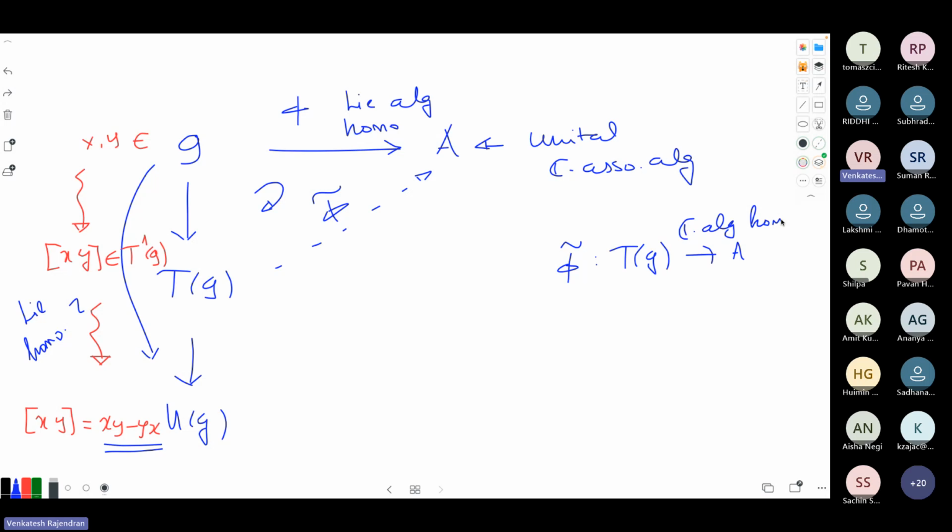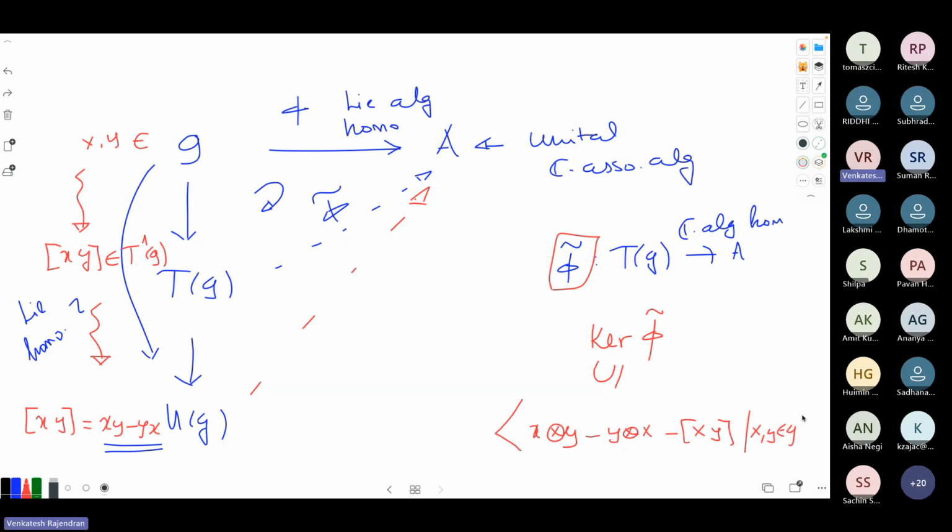Now, in order to get the induced map from UG to A, all we need to check is that the kernel of pi tilde contains this two-sided ideal generated by x tensor y minus y tensor x minus the bracket xy.